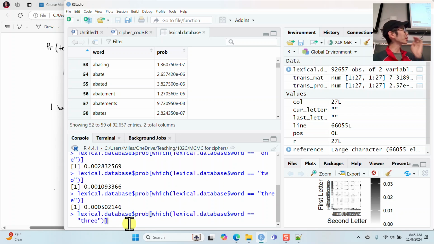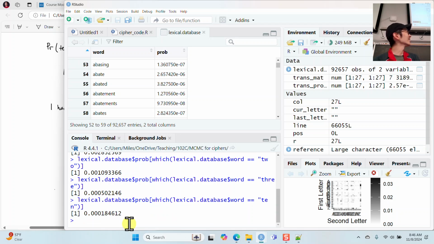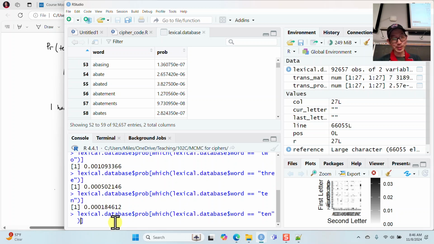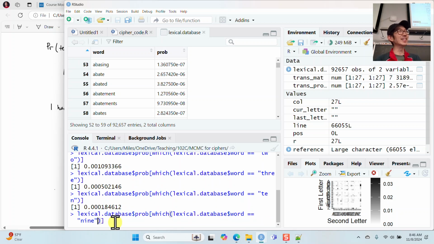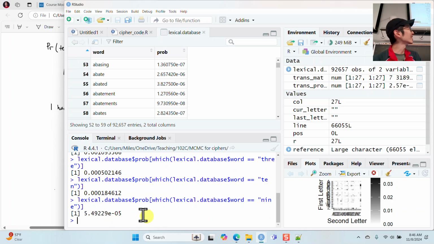What do you think is more common, 3 or 10? My gut instinct says 3 is more common than 10. Yes, 0.005, 0.0018. What about 10 versus 9? I feel like 10 has to be more common than 9. Oh yeah, now we get scientific notation for that.